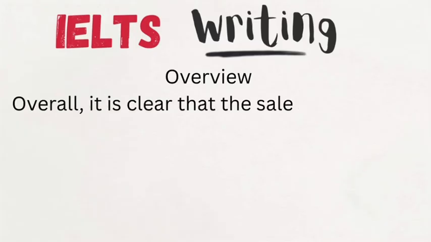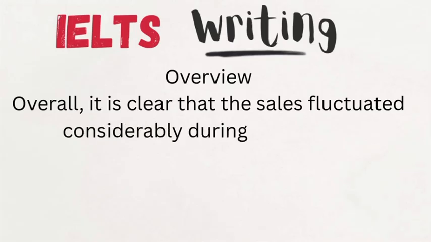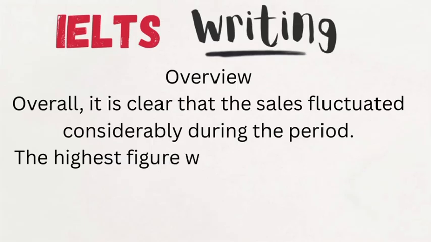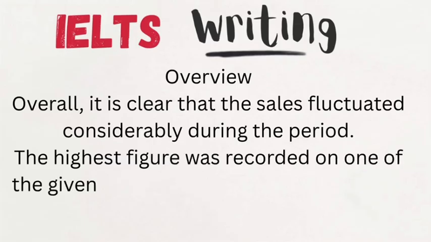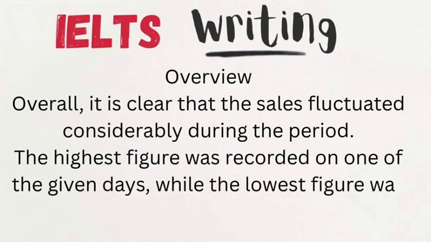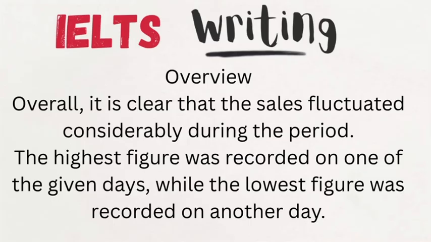Overview. Overall, it is clear that the sales fluctuated considerably during the period. The highest figure was recorded on one of the given days, while the lowest figure was recorded on another day.